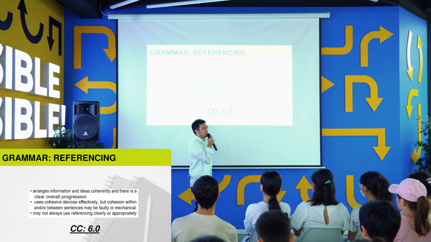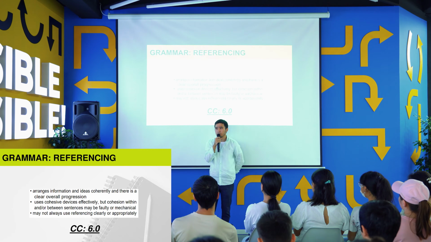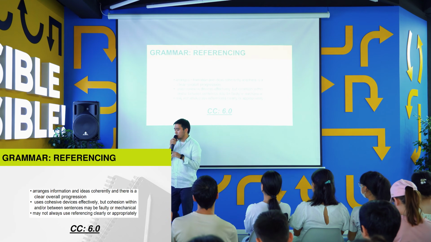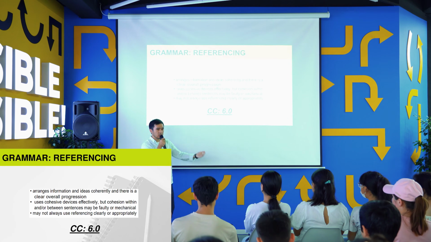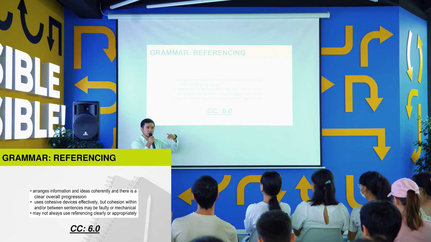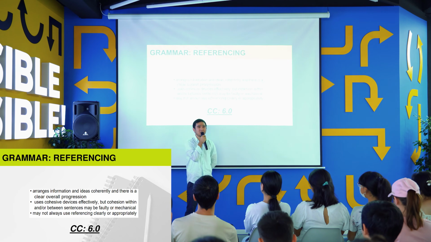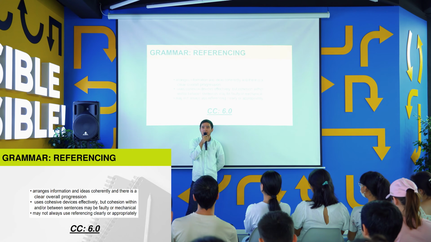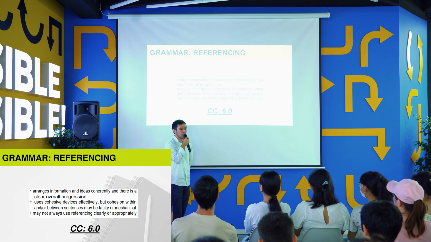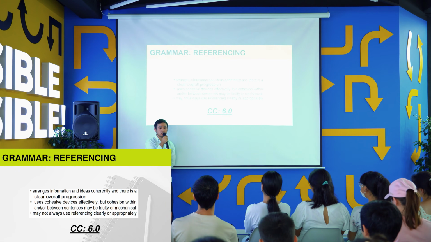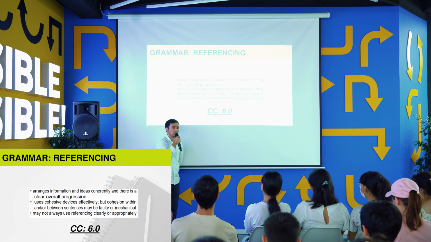So the example is like this. So I will, let's say like this. The building, right, doesn't have air conditioner like now. Building doesn't have air conditioner and it is not working. What is not working? Building is not working or air conditioner is not working?